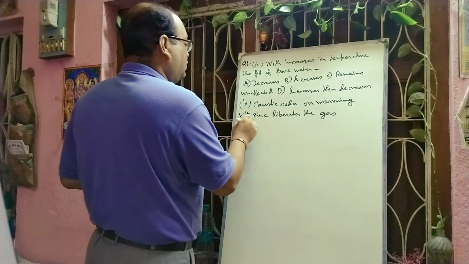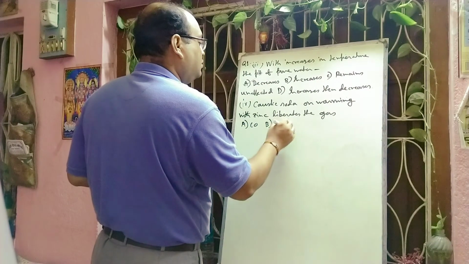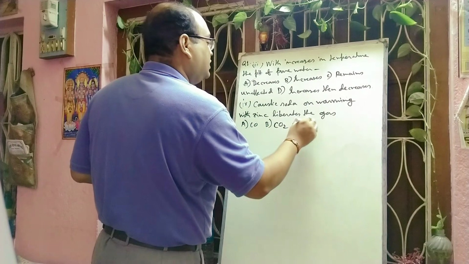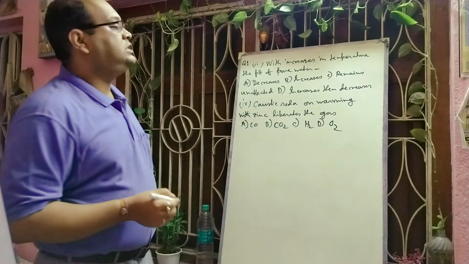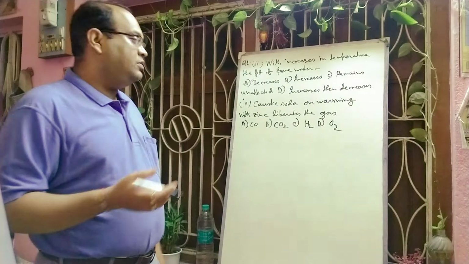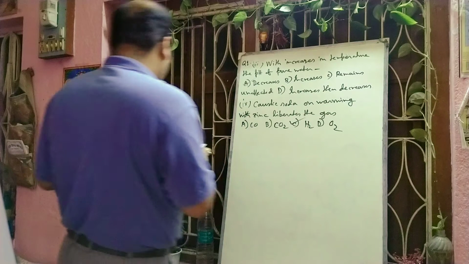Option A CO, option B CO2, option C hydrogen, and option D O2. So caustic soda on warming with zinc will definitely give sodium zincate and hydrogen. So the gas liberated will be hydrogen.